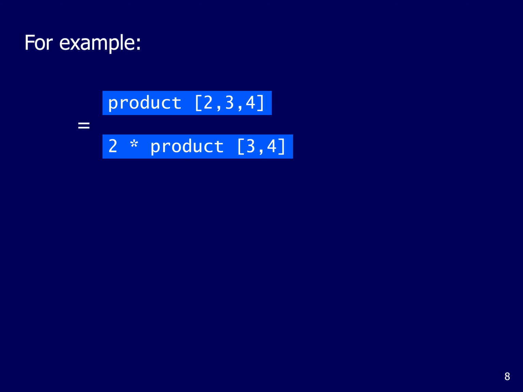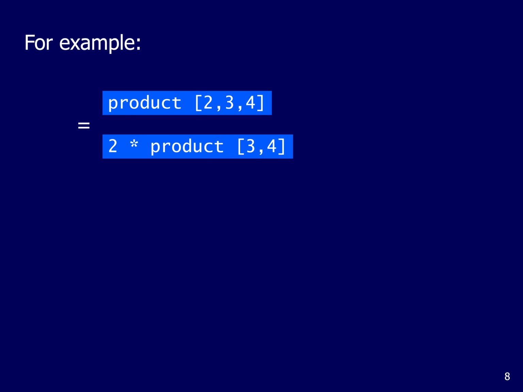So if we turn the handle once, we get 2 times the product of 3 and 4. And then we think, well, we've got 2 functions at play now. We've got the multiplication operator, but we can't apply that yet because we know what its first parameter is, it's 2, but we don't know what the second parameter is.